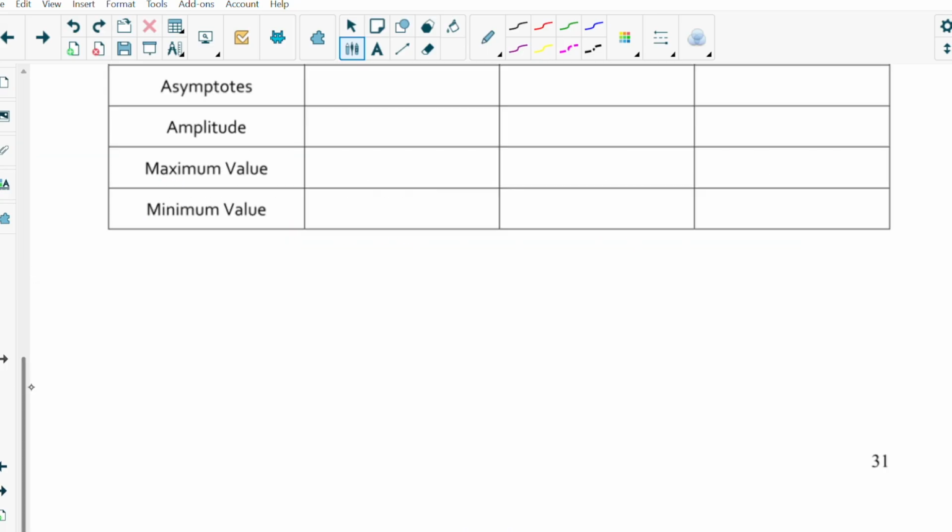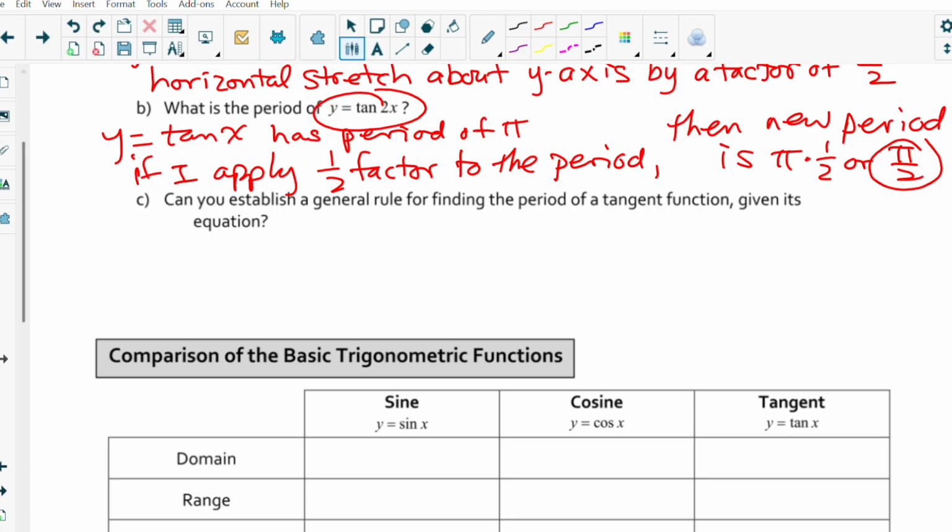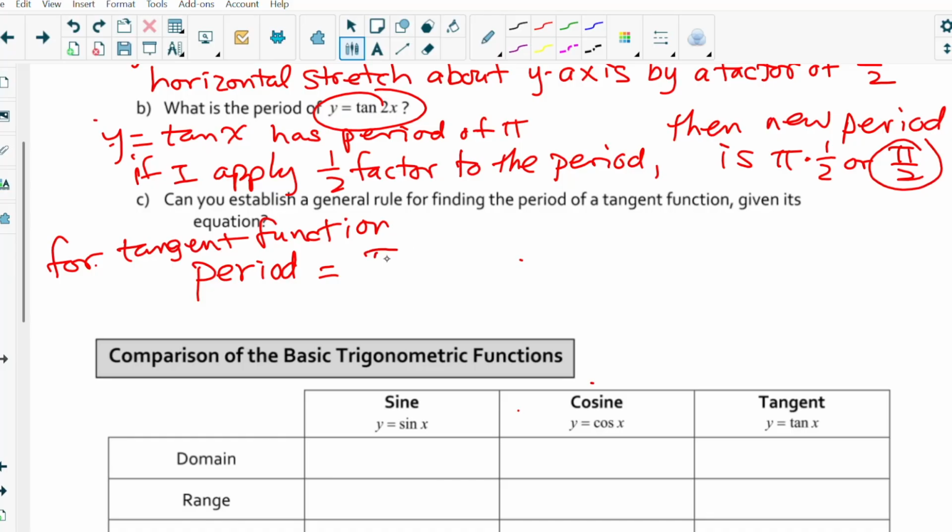Can you establish a general rule for finding the period of a tangent function given its equation? Yes. For the tangent function, my period is pi divided by the absolute value of b.